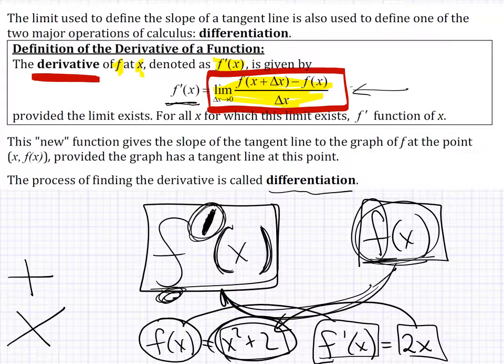Prime notation is just one of a couple of notations we'll go over, but it is the slope of the graph of a given function. And the process of finding this derivative we call differentiation.